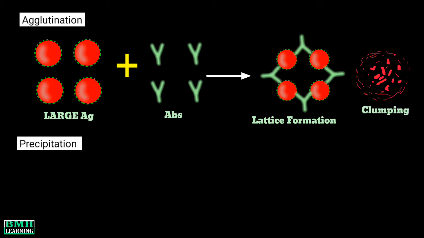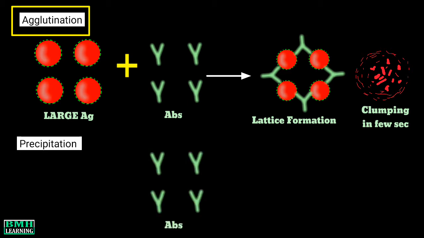Now, you have to notice one thing here, that this clumping is occurring within a few seconds after the antibodies are mixed with RBCs. You must have encountered these kinds of reactions in blood group detection tests. These reactions are called agglutination reactions.